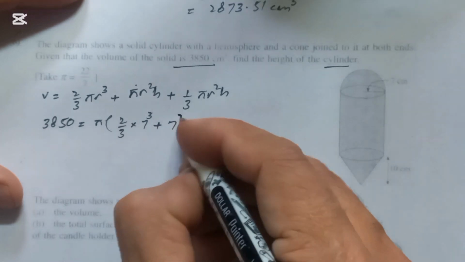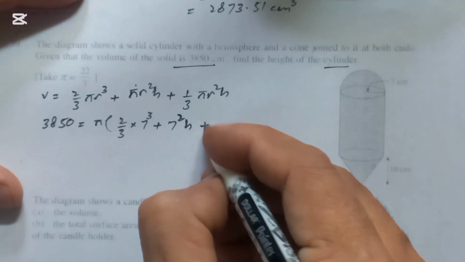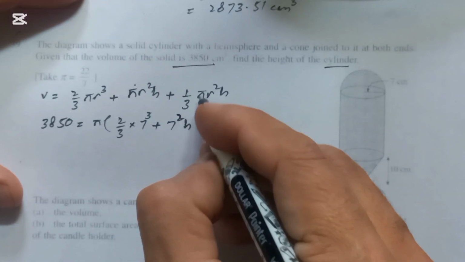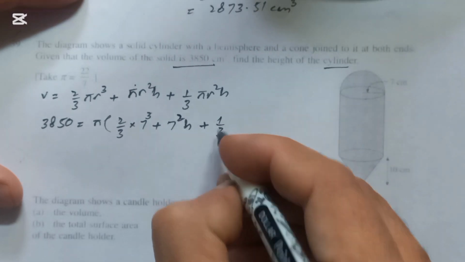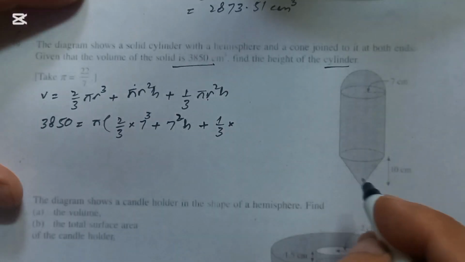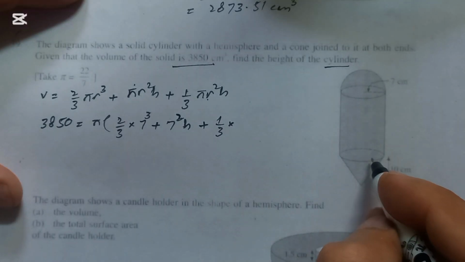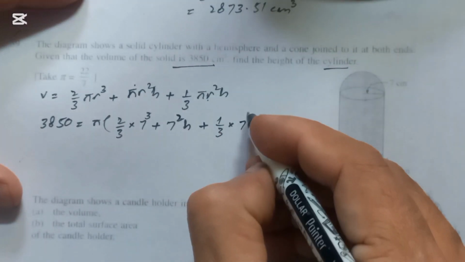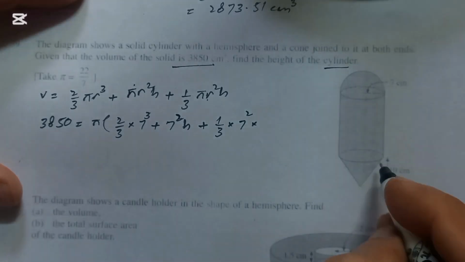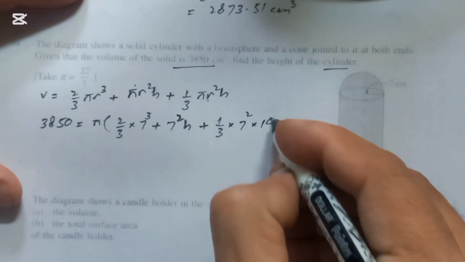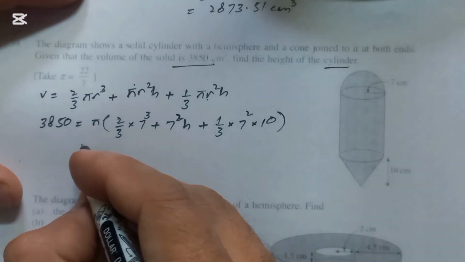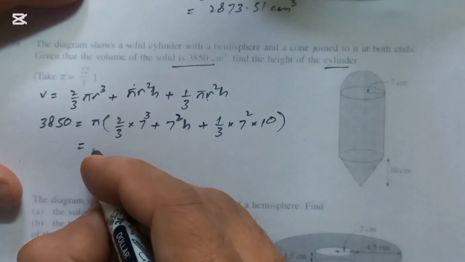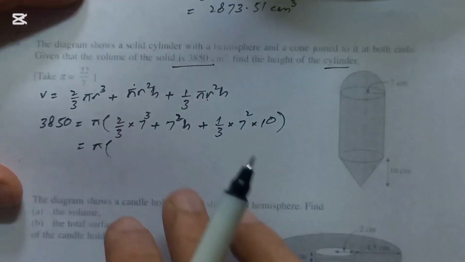Height is missing, plus here we'll have 1 by 3 r square. Radius will be the same for the cone as well, so 7 square, and height of the cone is 10. So we have put the values in the formula. Now solve it on the calculator.